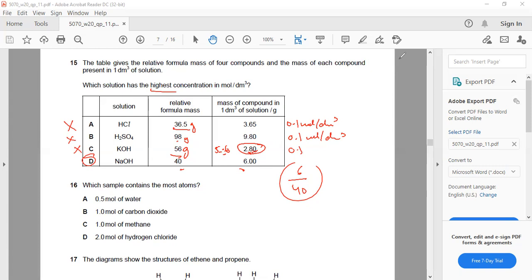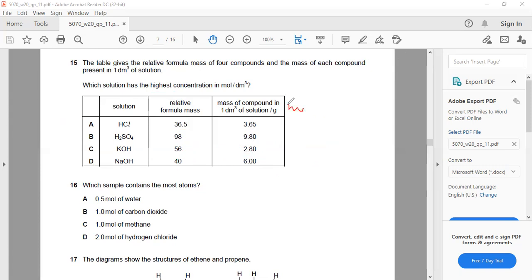So what is the logic for those who didn't understand? Find the mole per dm cube. How? Dm cube and dm cube is common. Find the mole here by dividing every value, 3.65 by Mr, 36.5. 9.8 divided by 98. 2.8 divided by 56. 6 divided by 40.